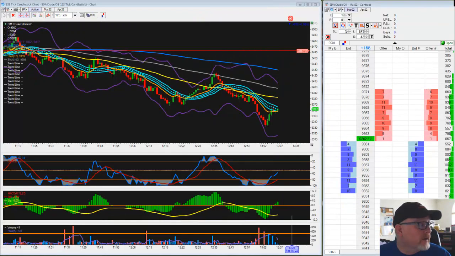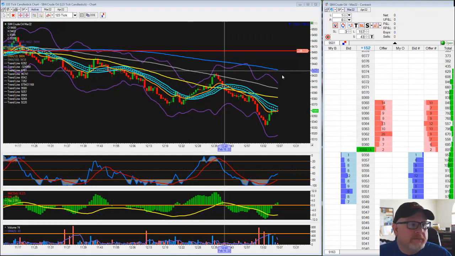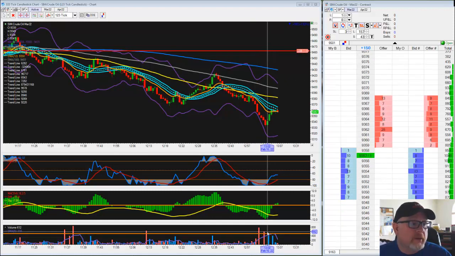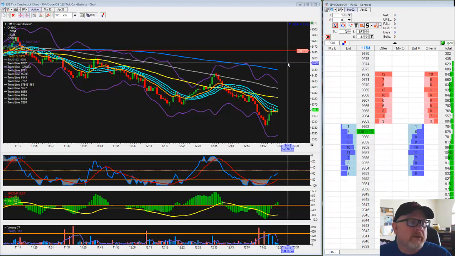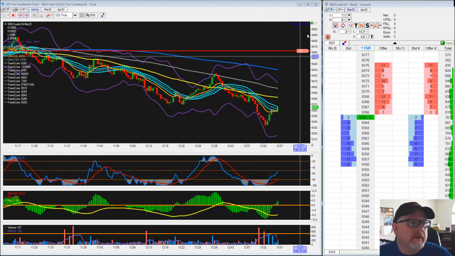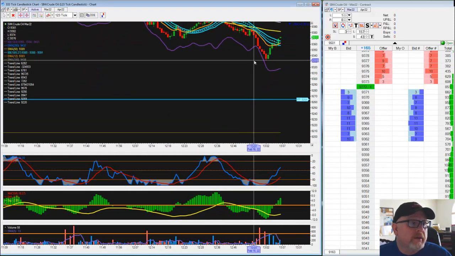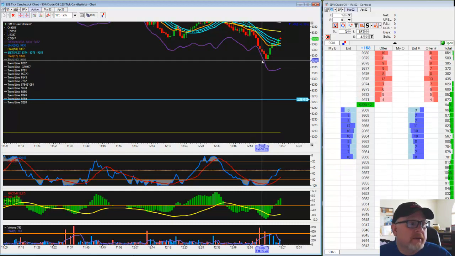Alright, so the trick is trying to find the right spot to get in, right? We notice that we have some volume play here. And where are we trading in relation to the market? We're between pivot point and the R1 mark, right? And if we unleash the chart, see how far we got close to the pivot.